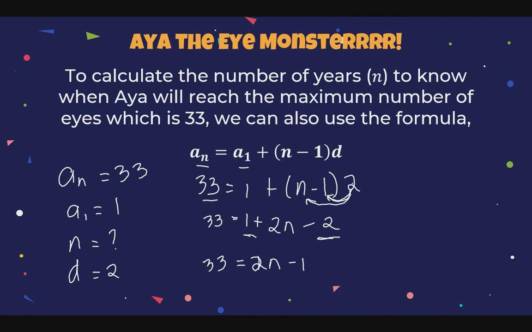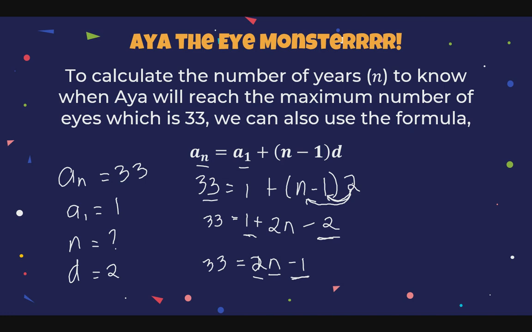Now we are looking for the value of n. To find the value of n, we have to eliminate first the negative 1 and the coefficient 2 of n. So let's eliminate first the negative 1 by adding positive 1 to both sides of our equation.